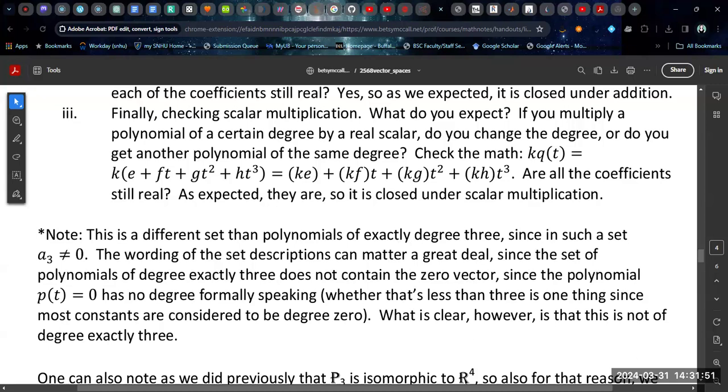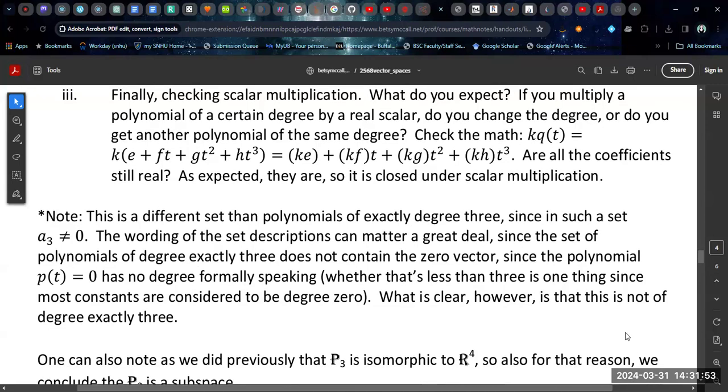Now, it is worth noting that P3 is a different set than the set of all polynomials that are exactly degree 3, because in the exactly degree 3 set, you would force that last coefficient, A3, to be non-zero. So in this case, degree 3 or less, you can allow A3 to be 0.